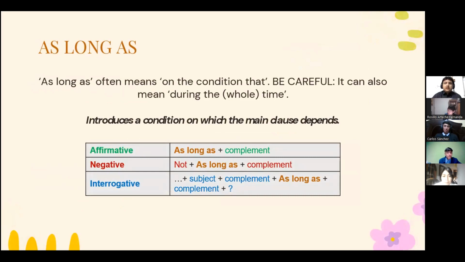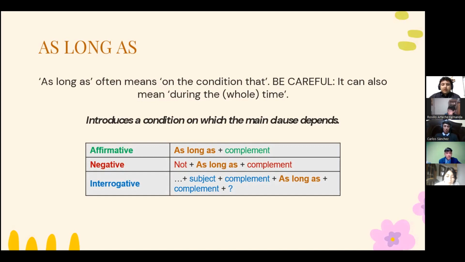Okay, well, the next clause is as long as. As long as often means when the condition that. Be careful, it can also mean during the whole time. It introduces a condition on which the main clause depends. The structure is affirmative, as long as plus complement. Negative, not plus as long as plus complement.